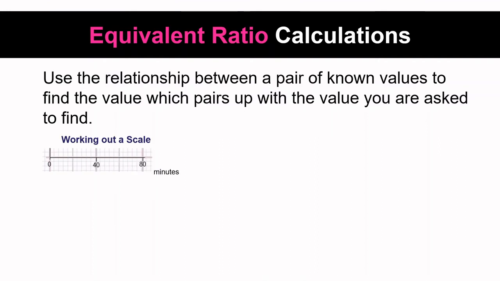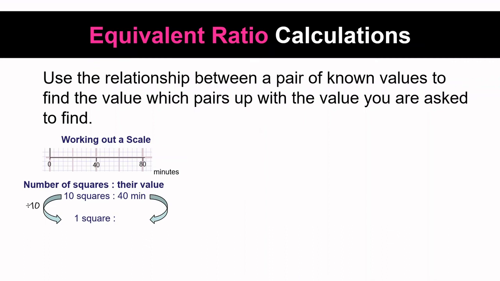For example, when we were looking at scales, I could see that the number of squares is somehow related to their value. 10 squares represent 40 minutes, so 1 square should be somewhat related to this proportion. I have to think what I did to the 10 squares to get down to 1 square. I divided by 10.